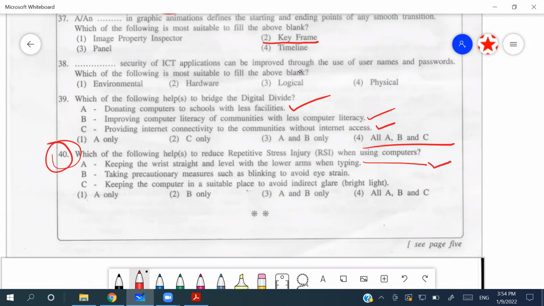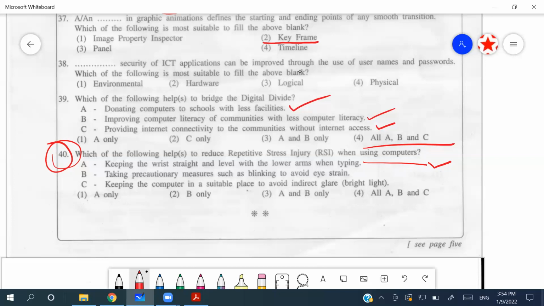Taking precautionary measures such as blinking to avoid eye strain, now, that of course has doubts whether it directly helps to reduce computer vision syndrome, CVS, rather than RSI.